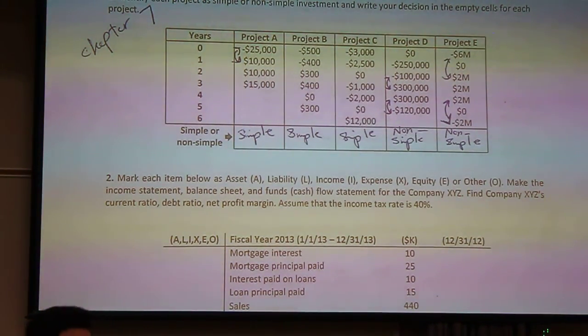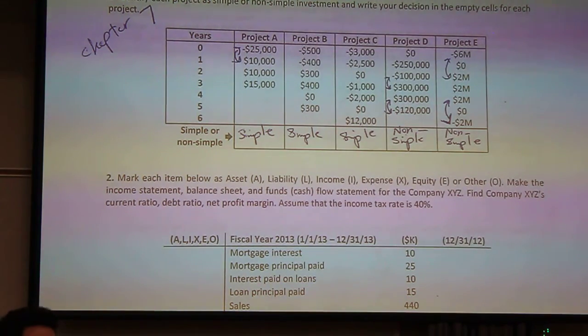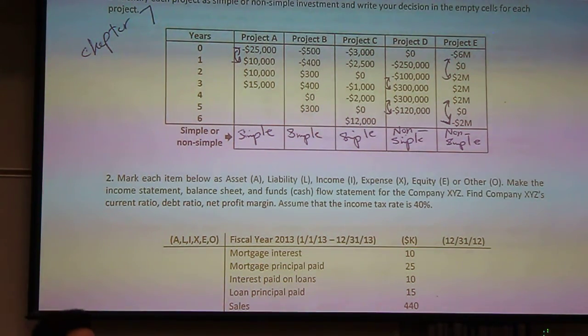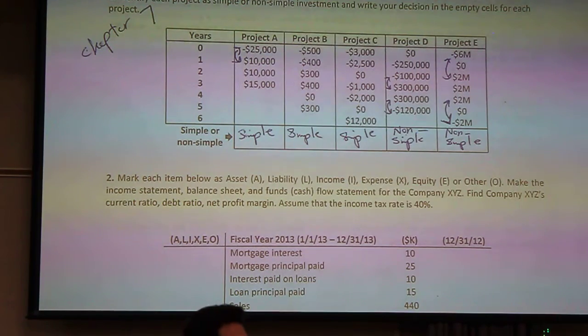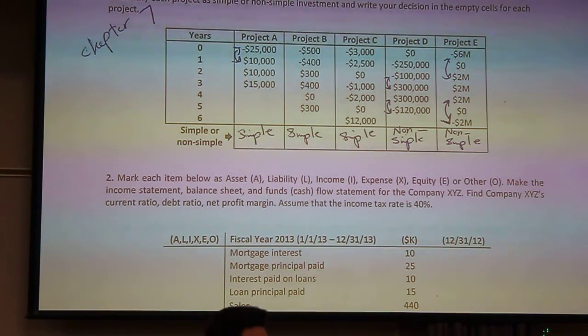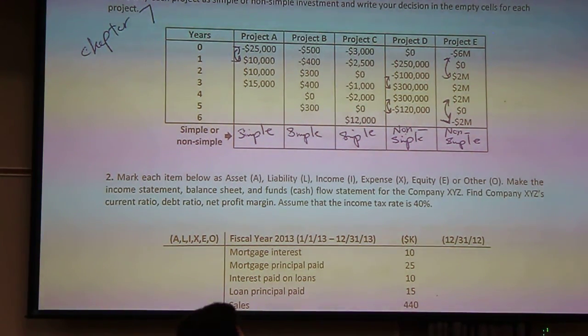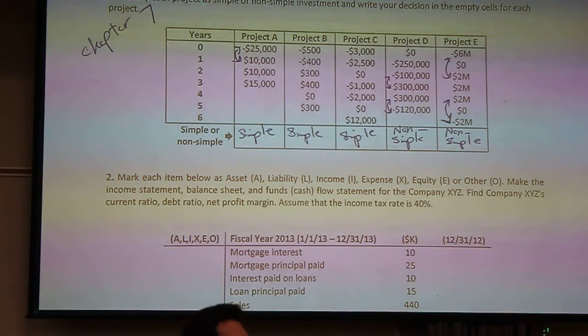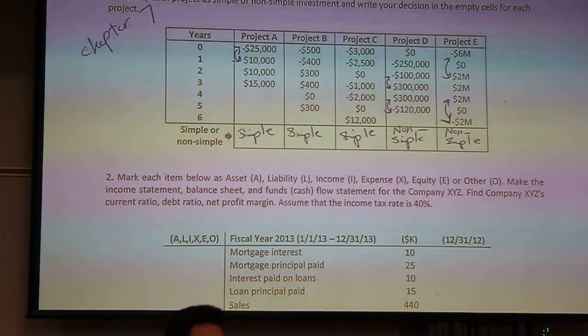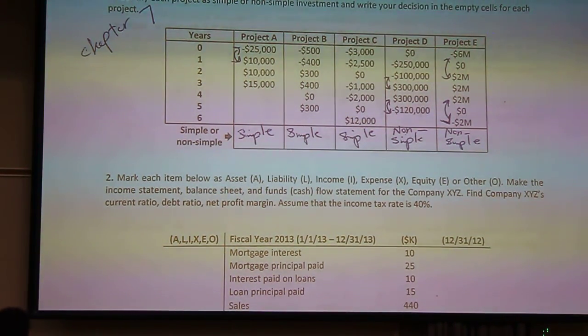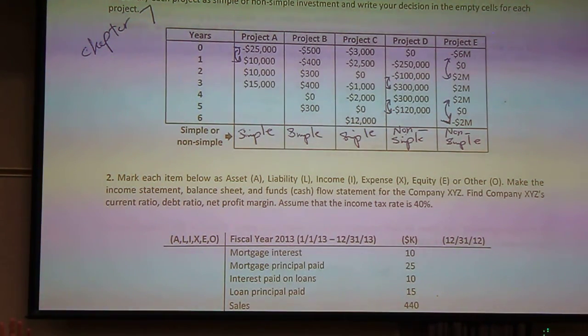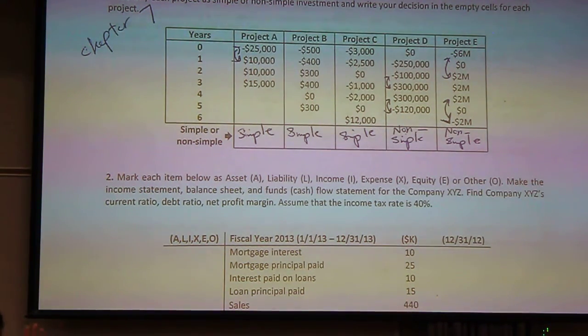Would D not be an investment since in year 0 you're not even putting your payment down? Well, you don't have any payment in year 0, but you have later on, so that's an investment. The first payment is negative, so that's an investment. So every project in this question is an investment.